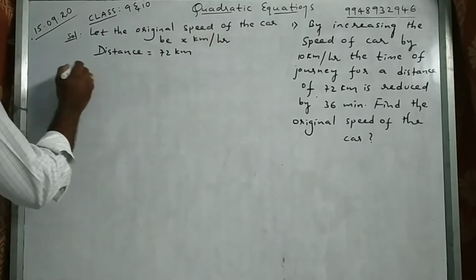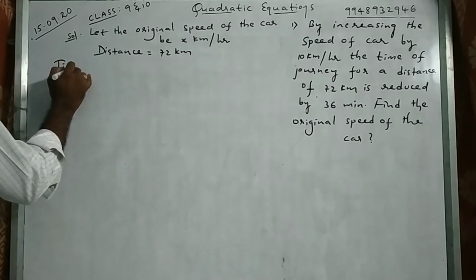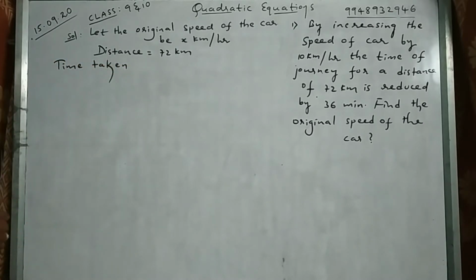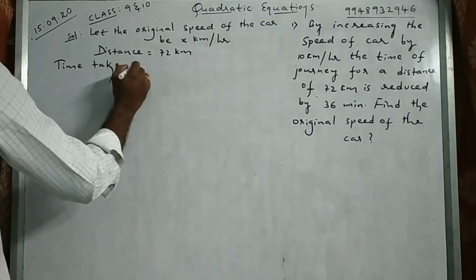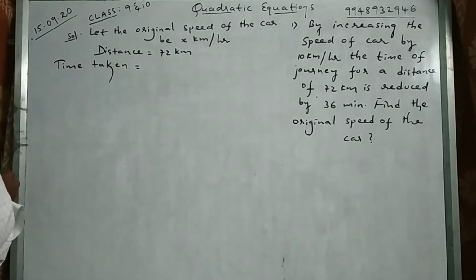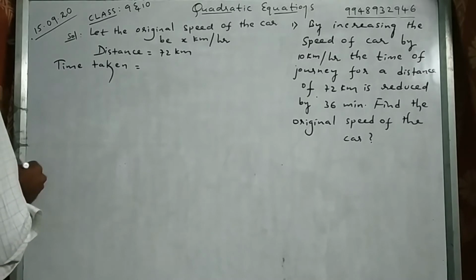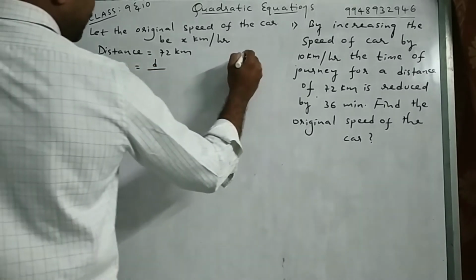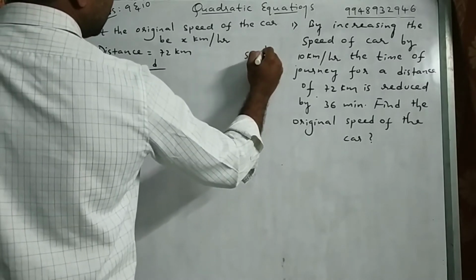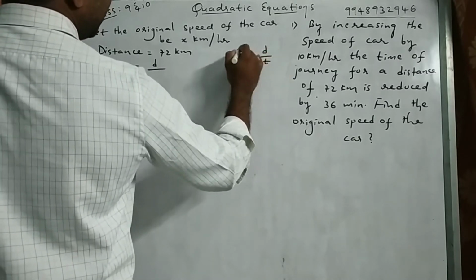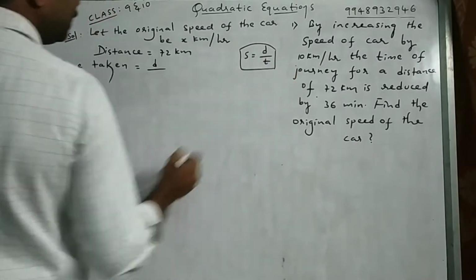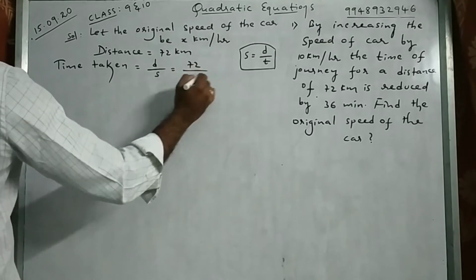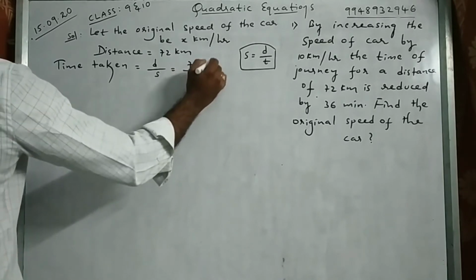Speed is there, distance is there. Time taken can we find? Only three variables will be there: time, distance and speed. Speed equals distance by time, so time equals distance by speed. What is the distance here? 72 upon x hours.